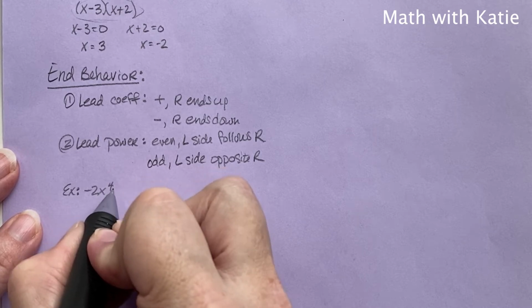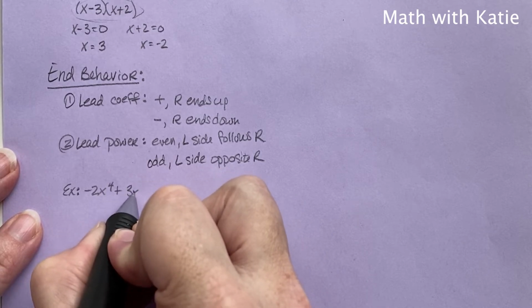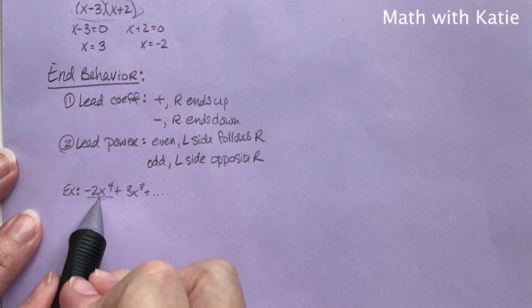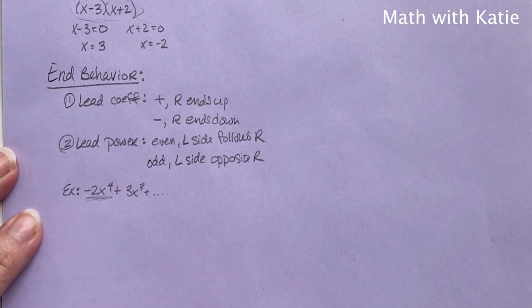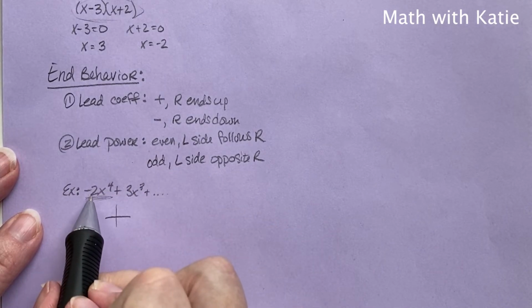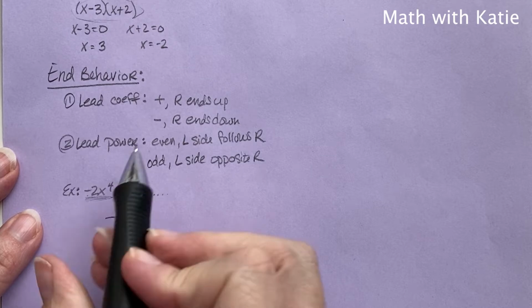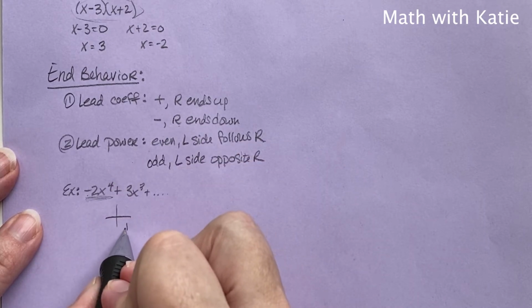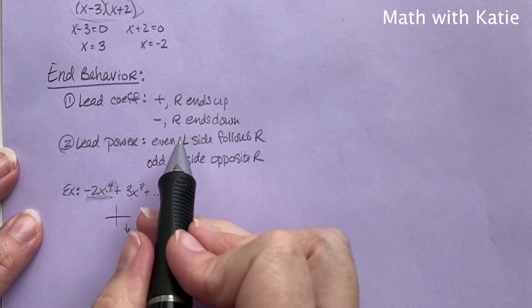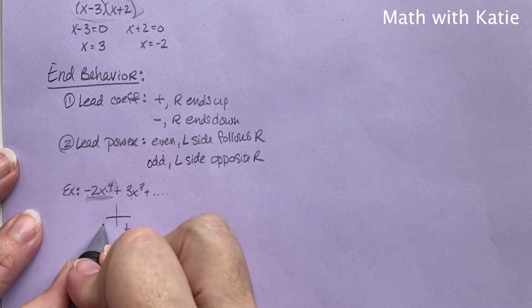Okay, so as an example, let's say -2x to the 4th plus 3x cubed, and so on and so forth, because really all we're looking at is this first lead coefficient and lead power. Our lead coefficient is negative, so right side ends down. Our lead power is 4, which is even, so the left follows the right.